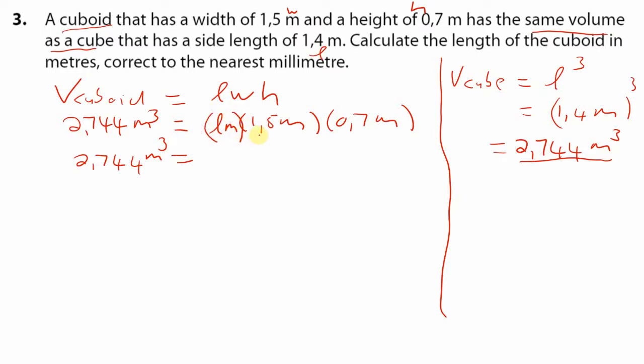So we have 1,5 times 0,7, which is 1.05. Meter times meter times meter is cube meter.